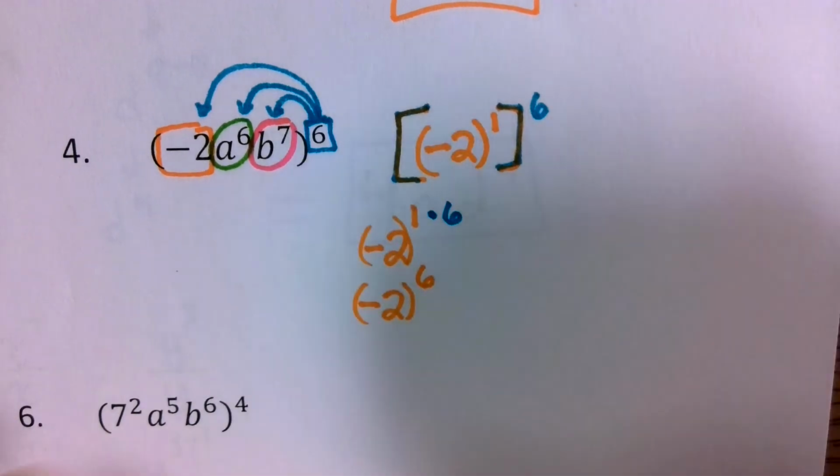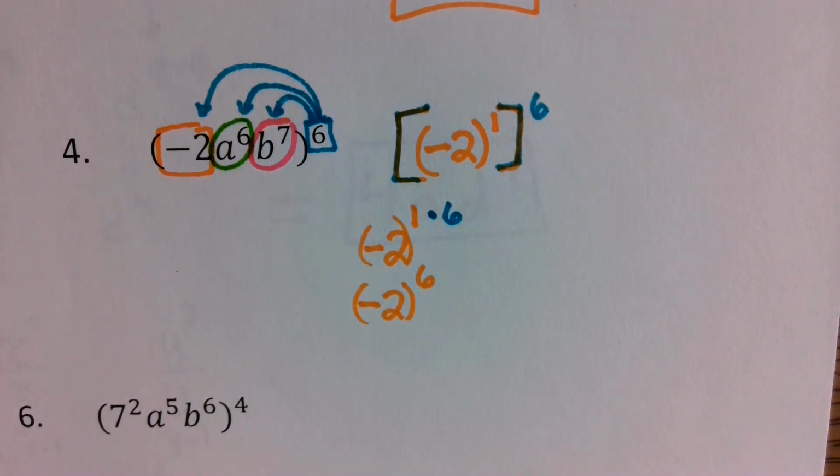And that's going to come out to -2 to the 6th power. And we can simplify. We can actually do -2 to the 6th power. What is -2 to the 6th power going to give us? Alex? Not -64. You had to put parentheses around that -2. So positive 64.